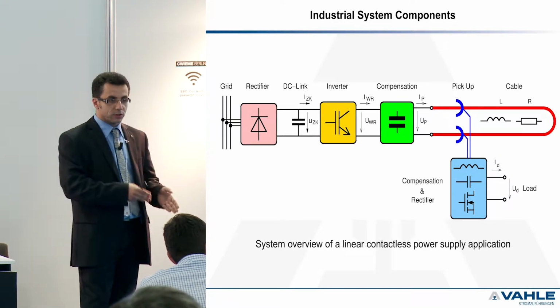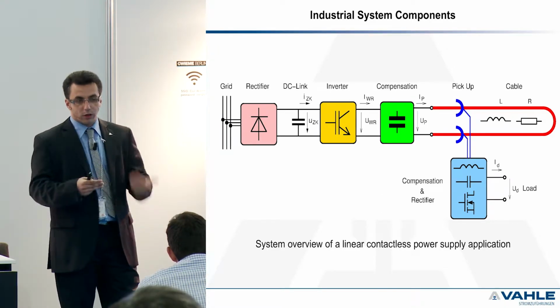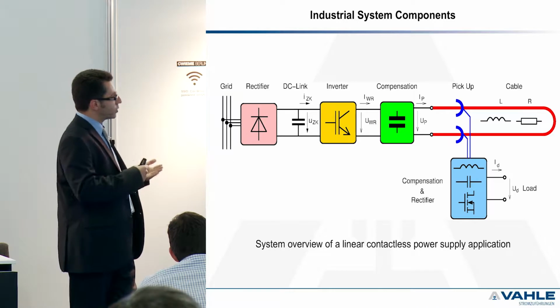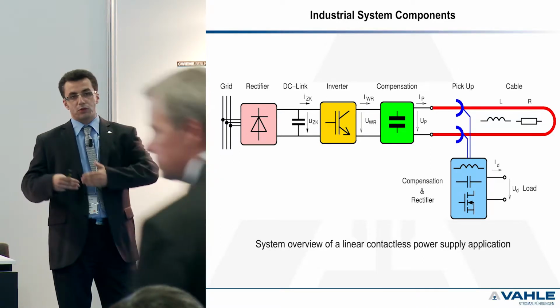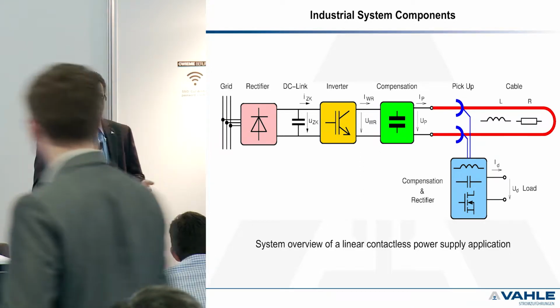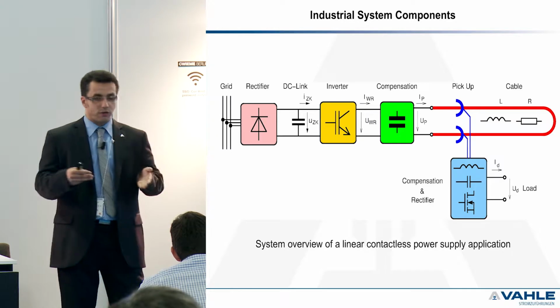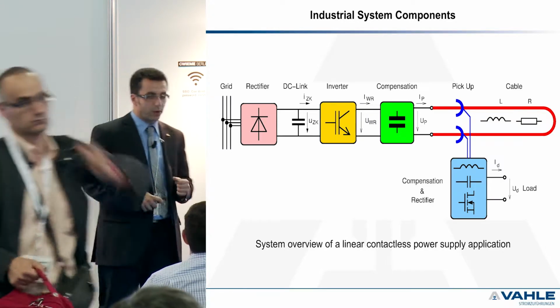So we've got a resonance system. With a higher resonance, you get high voltages or high currents, and that makes it possible to transfer the power to the secondary part. If you don't have those, you're going to get really bad efficiency, and you won't be able to transfer high power.